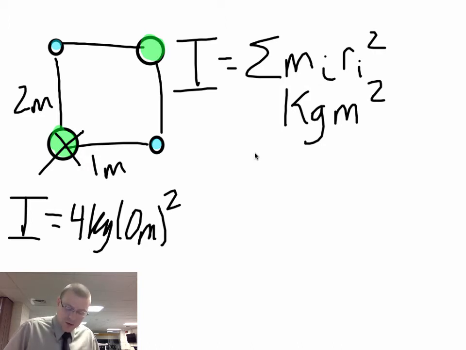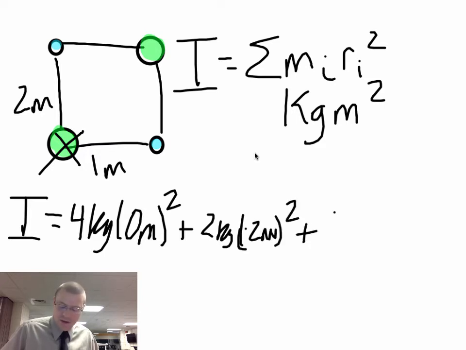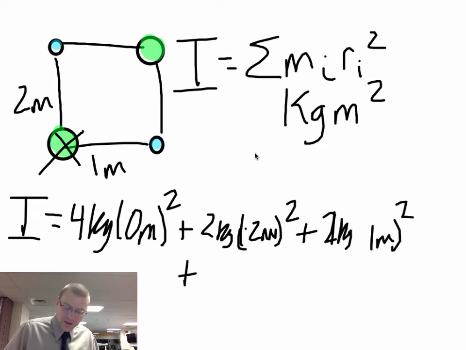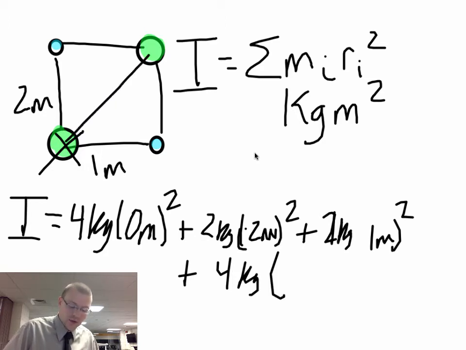Then I've got the 2 kilogram masses. One is 2 meters away, and the other 2 kilogram mass is 1 meter away, plus the other 4 kilogram mass, and its distance is 1 over and 2 up, so that's how far it is from the axis point.